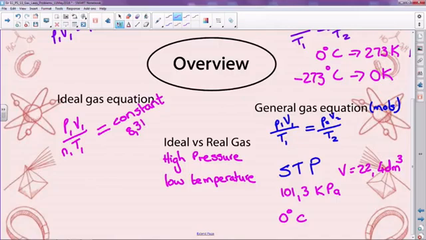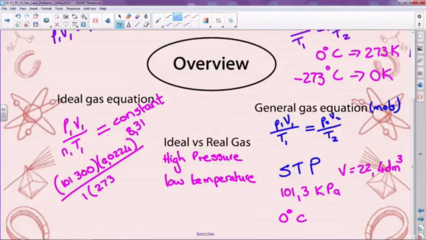And if you want to know quickly where that comes from, in SI units, I'm going to multiply all of these things together. This is going to be 0,0224. That's in meters cubed. I'm going to have 1 mole, and I'm going to have 273 Kelvin.